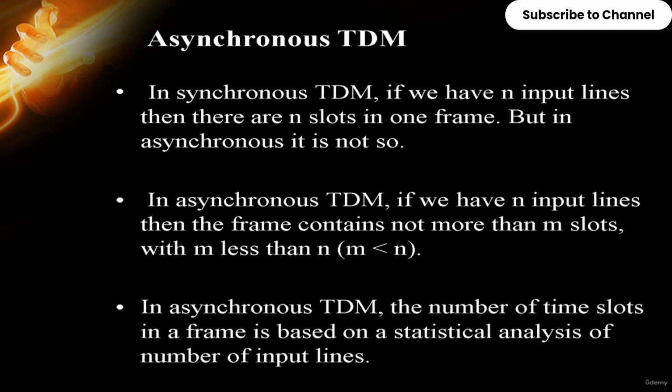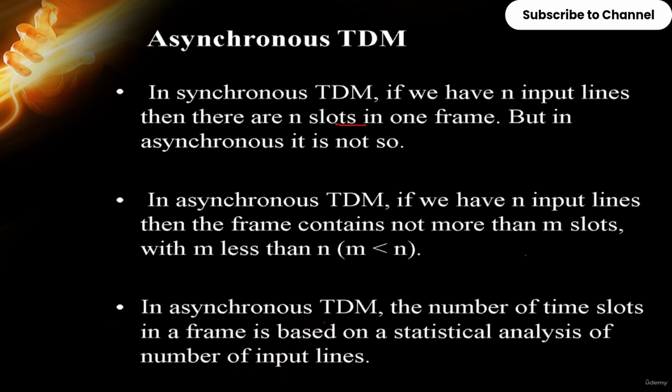If we have n input lines, then there are m slots in one frame, where m should be less than n. Here m is the number of slots and n is the number of input lines. Always, m, the number of slots in the frame, should be less than the available input lines.